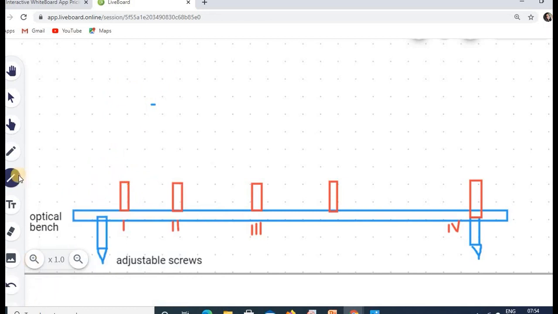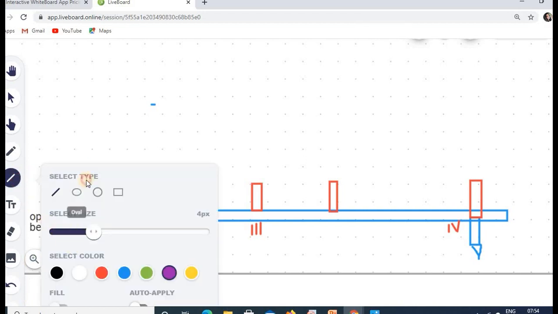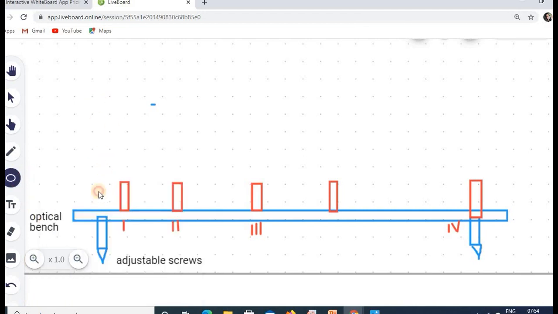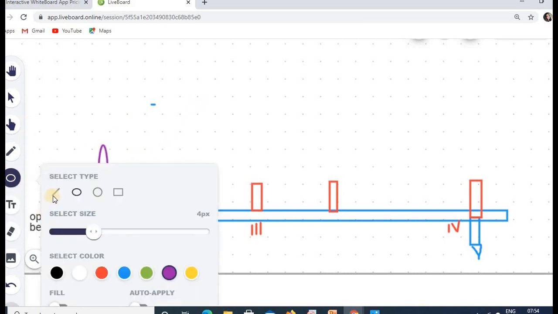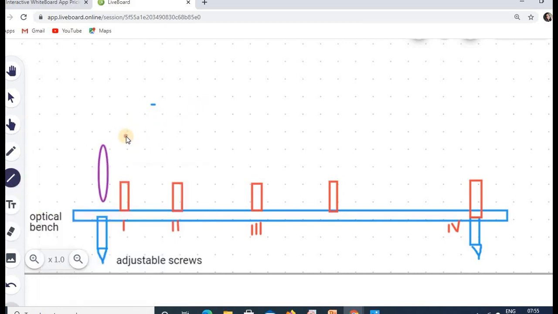I'll have to make it a little bigger. This is my source of light, and I have to draw my optical setup. Here I'm having the slit first, held by the first upright, and here again I'm having the biprism.